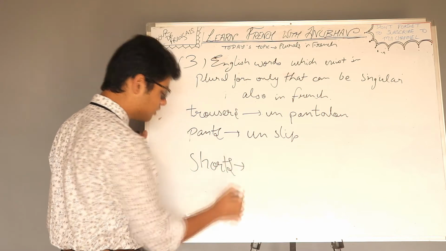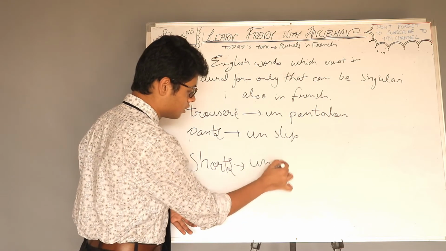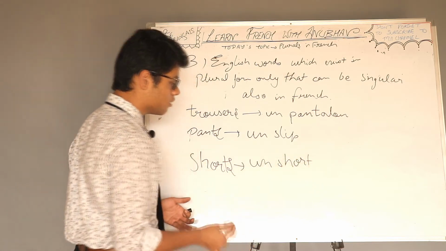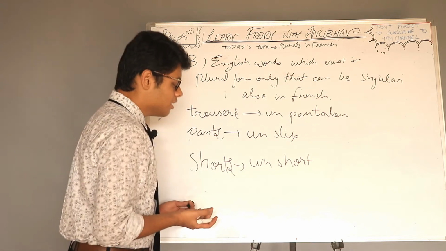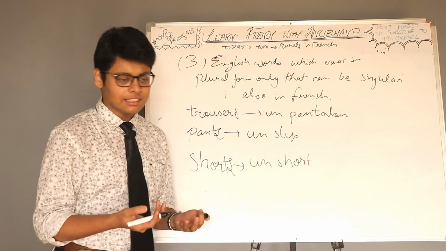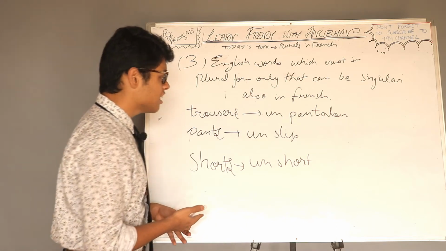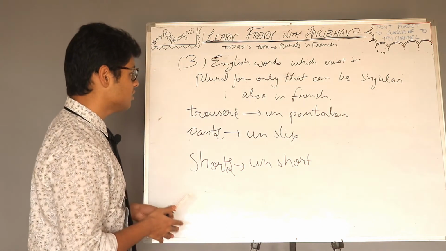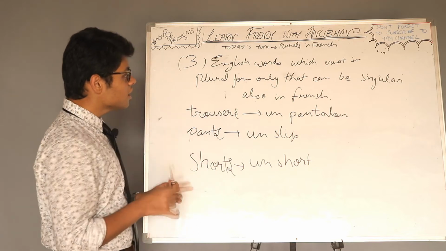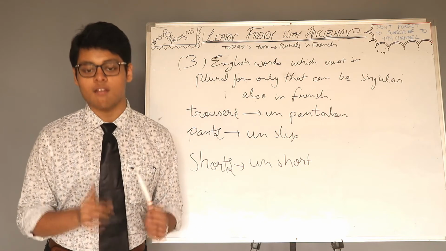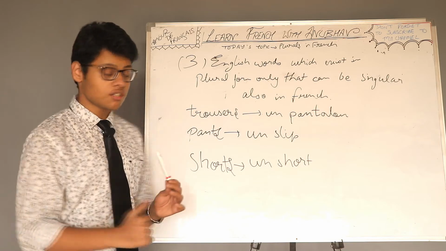Again, we don't say short, we say shorts. And these can exist in plural also. Like des shorts simply adds s after short, then des slips simply add an s, and des pantalons again adding an s. So the statement which I have reframed is: English words which exist in plural form only in English can exist in singular also in French.